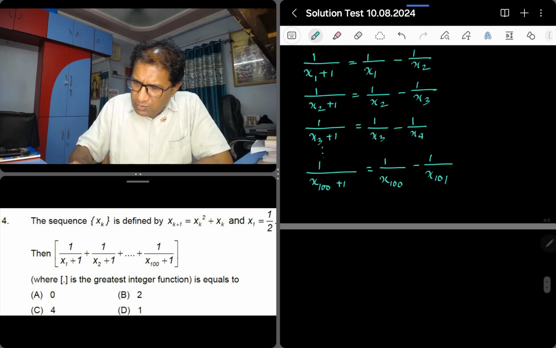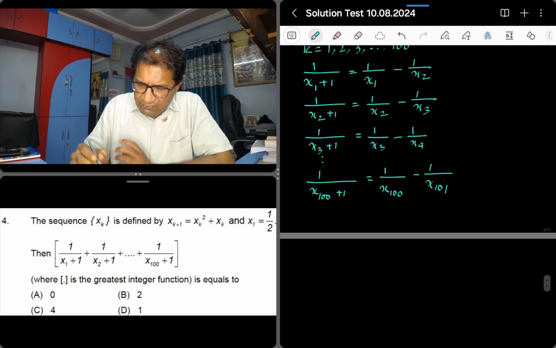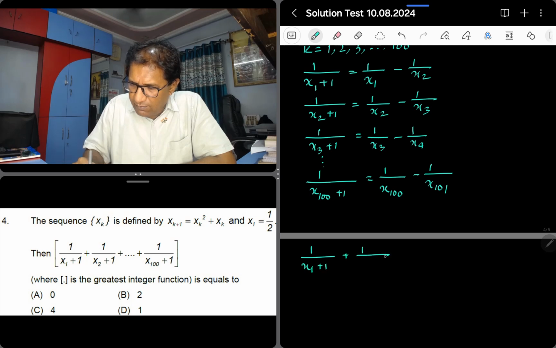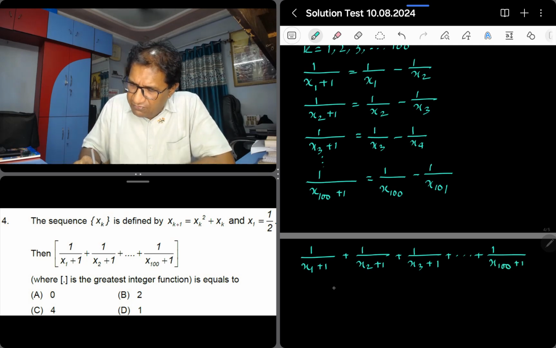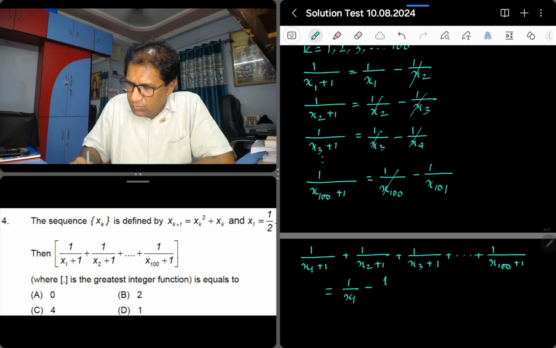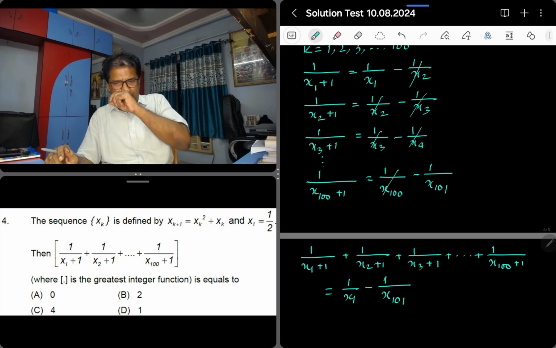Now, if I add the corresponding sides, in the left hand side we will get the given expression. And in the right hand side, if you observe, we will find that again these terms will get cancelled. So ultimately, we will be left with 1 over x1 minus 1 over x suffix 101.